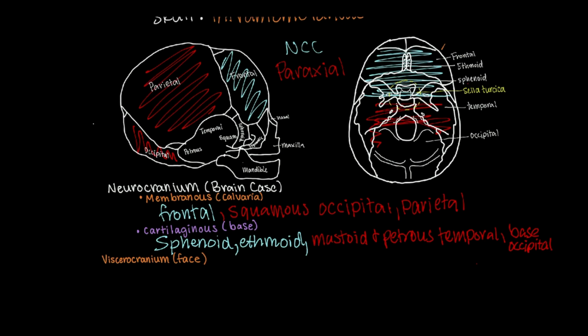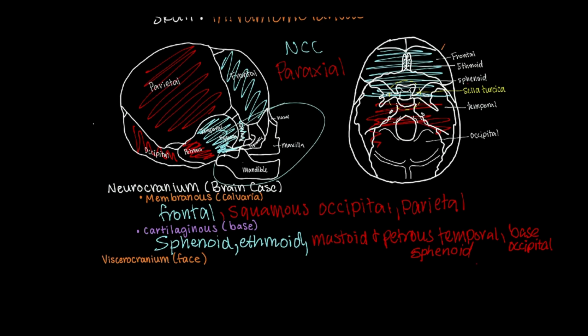And finally, if you notice here, the sphenoid anteriorly is neural crest cells, and posteriorly it will be derived from paraxial mesoderm. So here is that petrous part of the temporal bone. Here's part of that sphenoid bone, and then the squamous part of the temporal bone is going to be derived from neural crest cells.